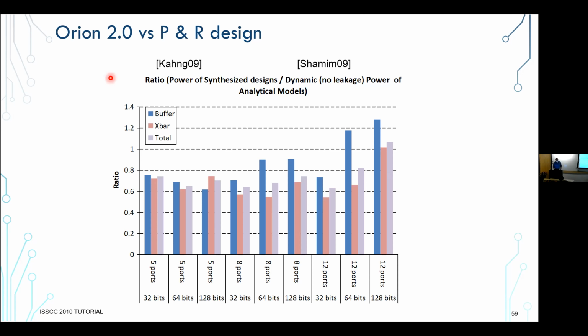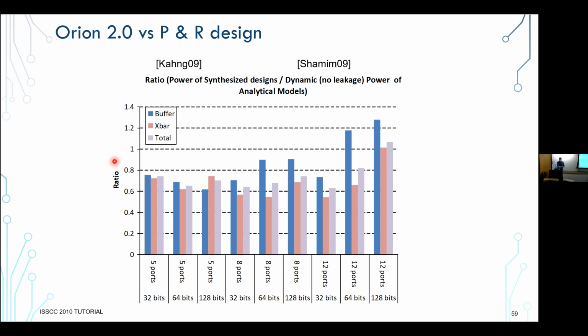And so Orion 2 was one of the tools, or Orion 1, 2, that Li-Shiuan Peh's group at Princeton did. And you could see, if you look throughout time at how Orion 1 compares to Orion 2, Orion 1 was totally bogus compared to place and route, right? Because it was done at a time where you could ignore certain things in the technology.